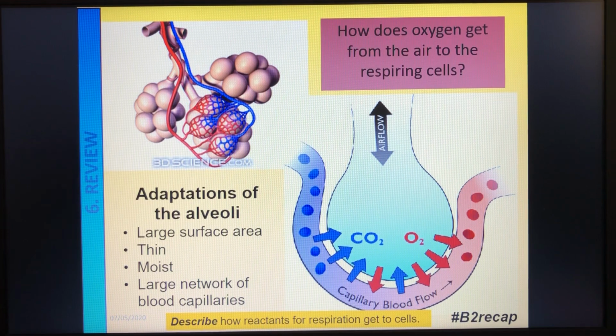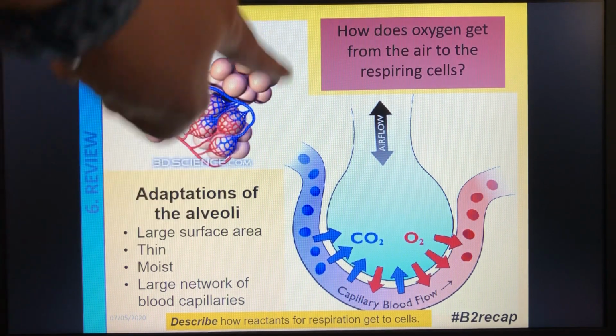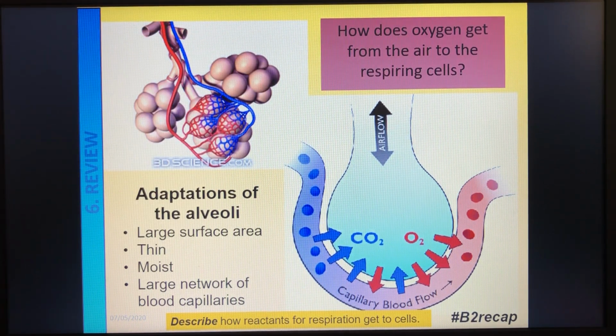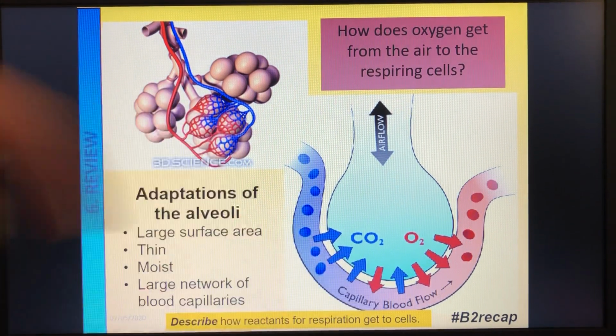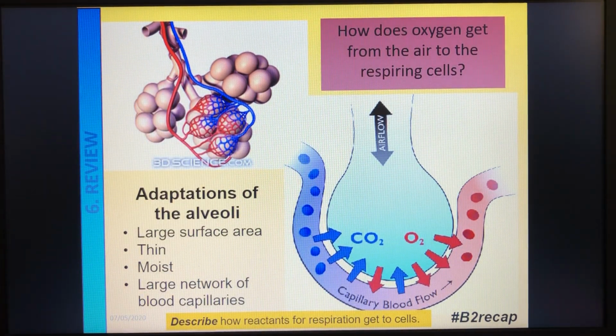Large surface area achieved by this kind of broccoli structure. Very, very thin, okay? This is one cell thick and one cell thick on the capillary as well. There has to be moisture there. Okay, these gases don't jump across as gases, they move across by diffusion, dissolved in a liquid.